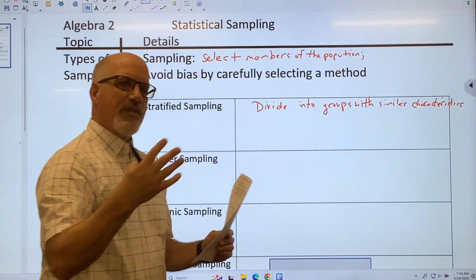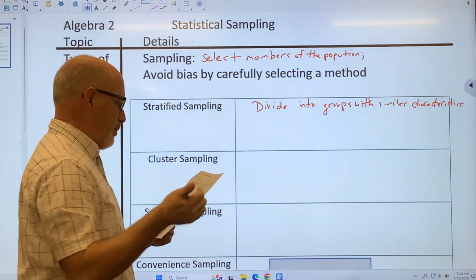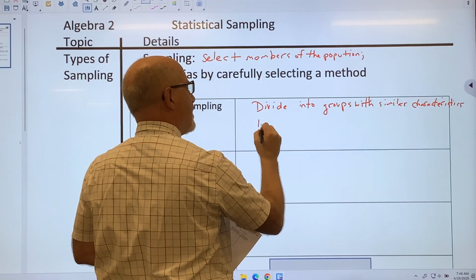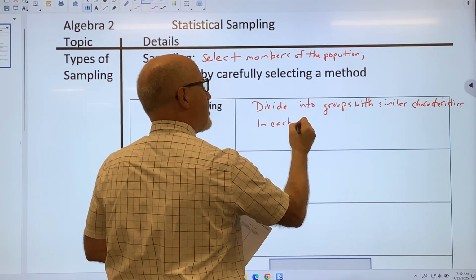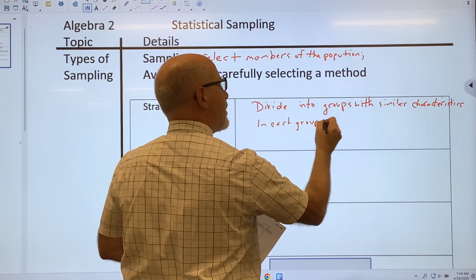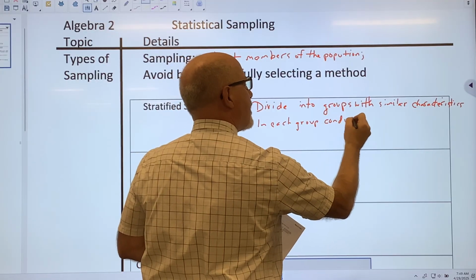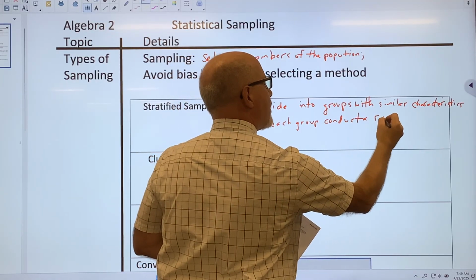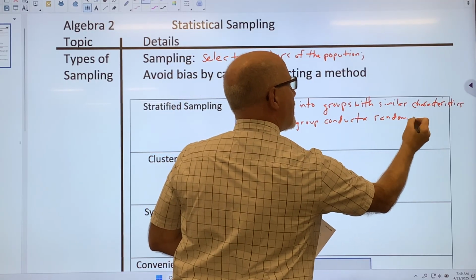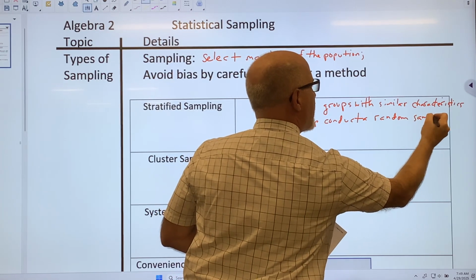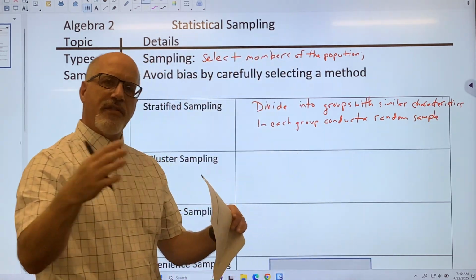And then in each of those groups, you do a random sample. This is to make sure that you get members from each of the different groups.